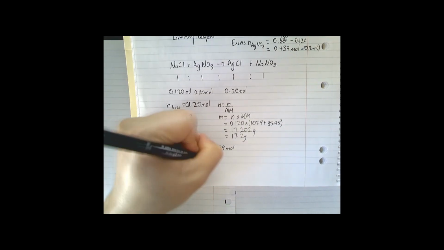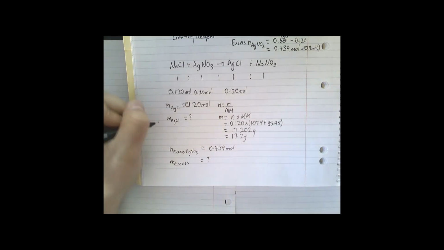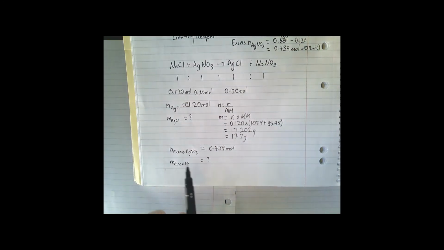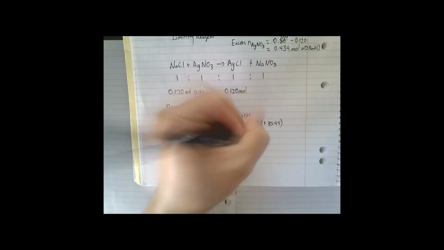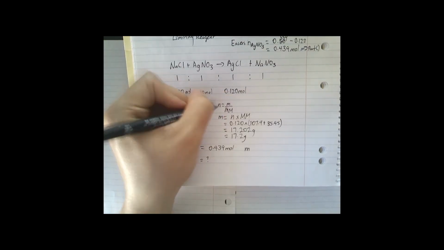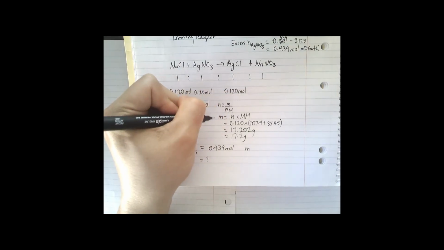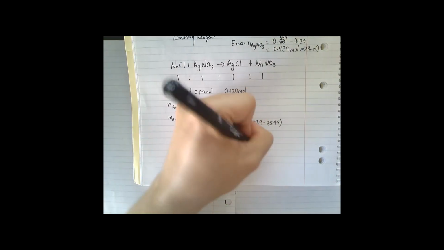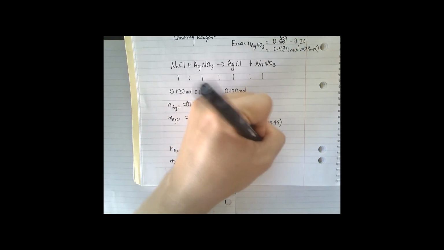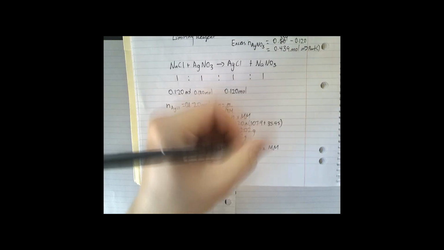Now the mass of that excess is still unknown. We're about to calculate it, and we can do that by knowing the molar mass of the silver nitrate and the number of moles that are in excess. Again, rearranging our n equals m over M equation to make the mass the subject. So here it's going to be equal to the number of moles times molar mass.